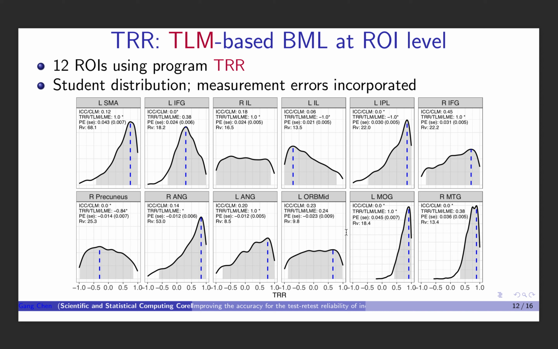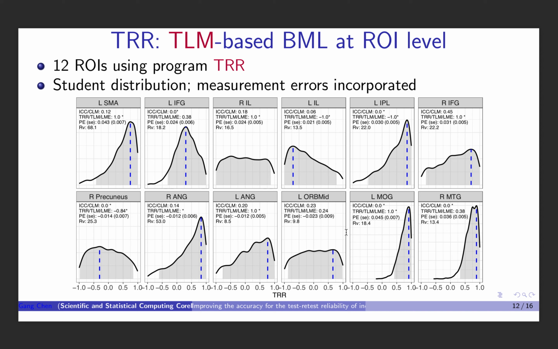However, we can apply the Bayesian approach to some number of regions. In this case, we tried 12 different ROIs using the AFNI program RBA. So we ran this Bayesian modeling program on each of the 12 ROIs.